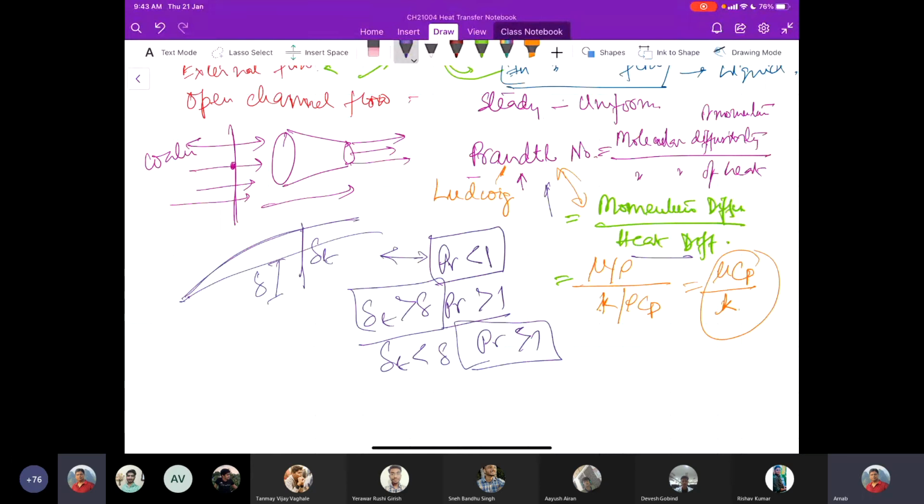Now, what are the typical materials in which Prandtl number is lesser than 1, and in which case is it greater than 1?